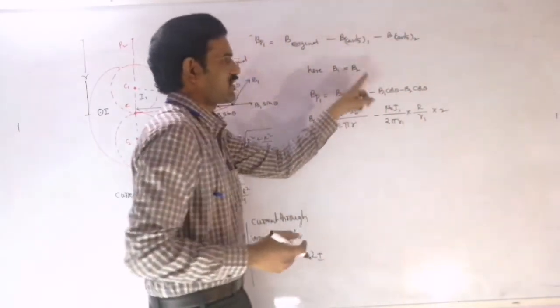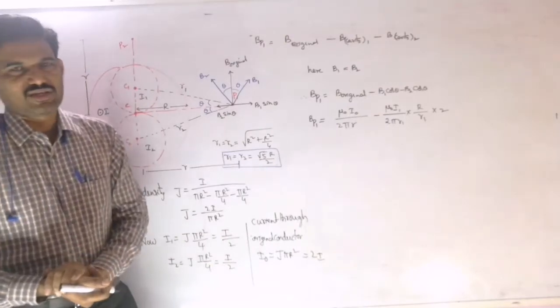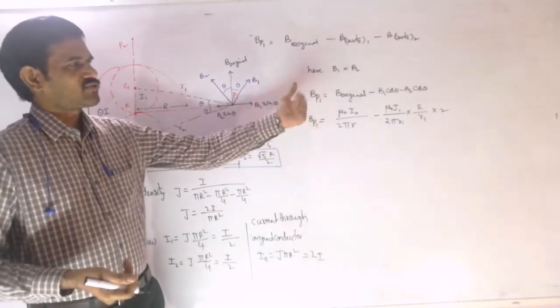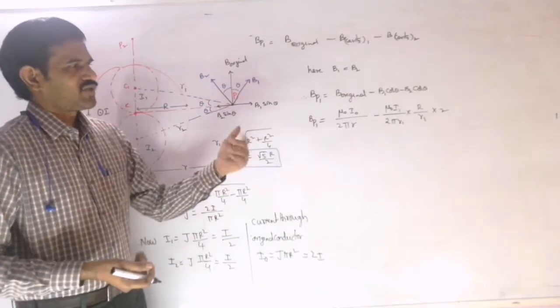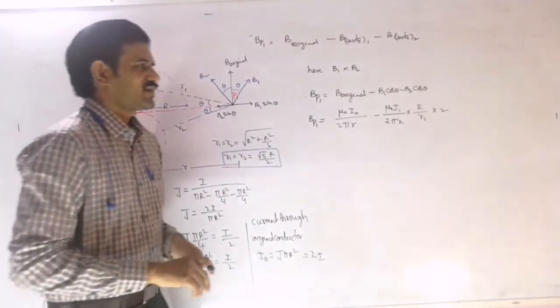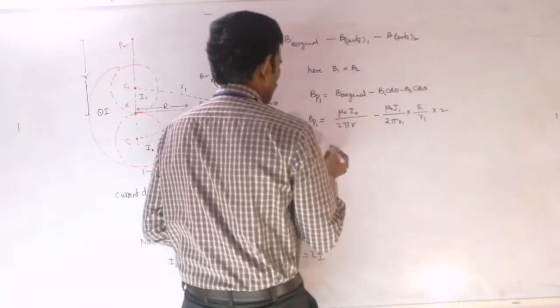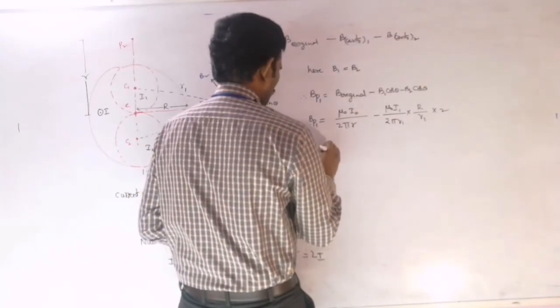B1 and B2 we already mentioned are equal, so instead of B2 you can write B1, so B1 cos theta, directly multiplying with the 2. Now we can substitute these R values and I values, and do this simplification here.